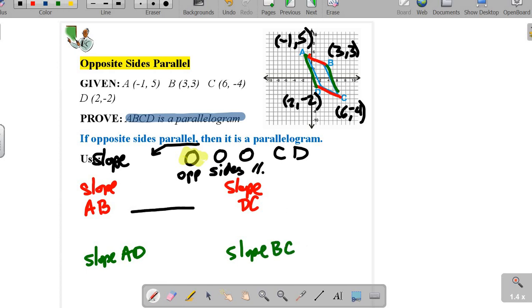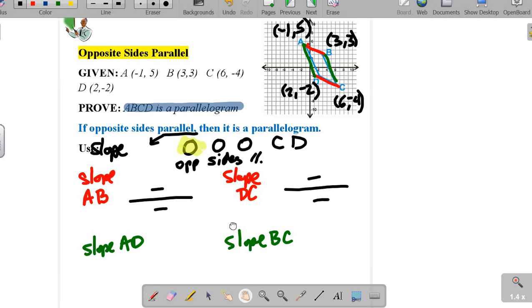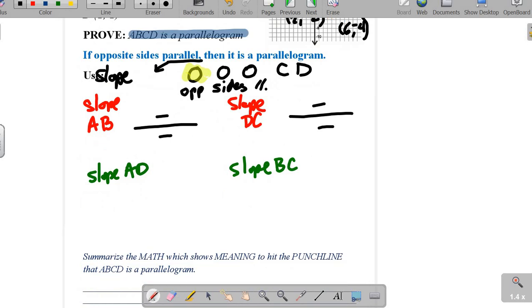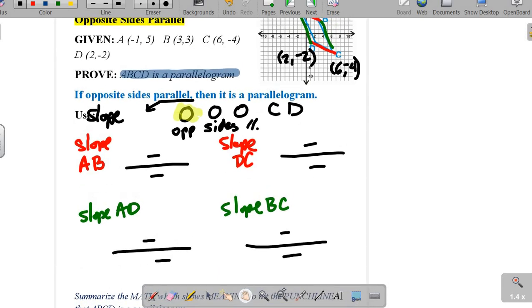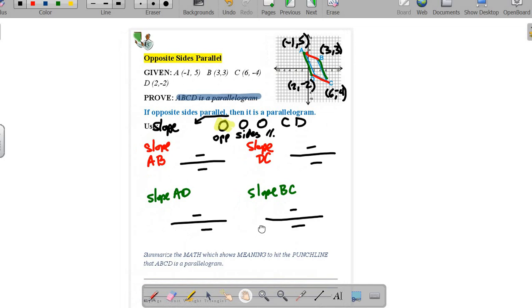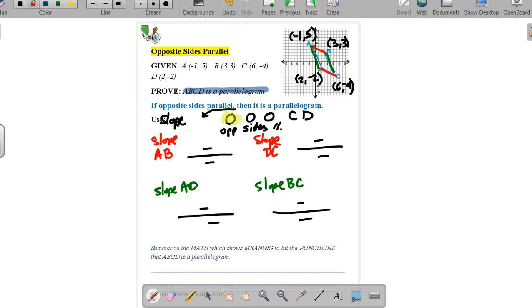Here's your template: y minus y over x minus x. So for AB, y minus y, 5 minus 3, negative 1 minus 3.